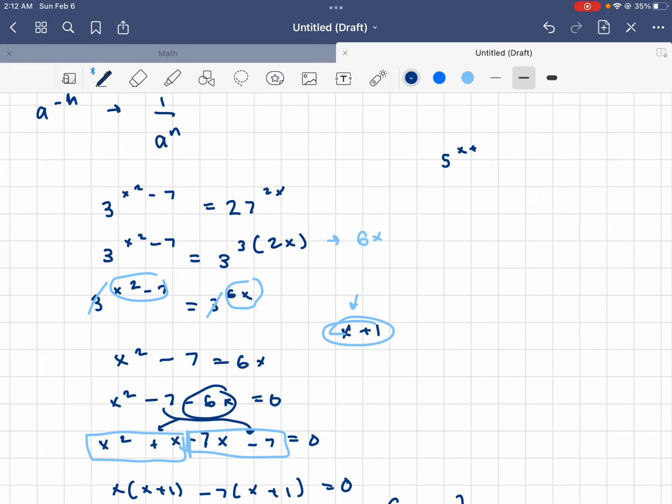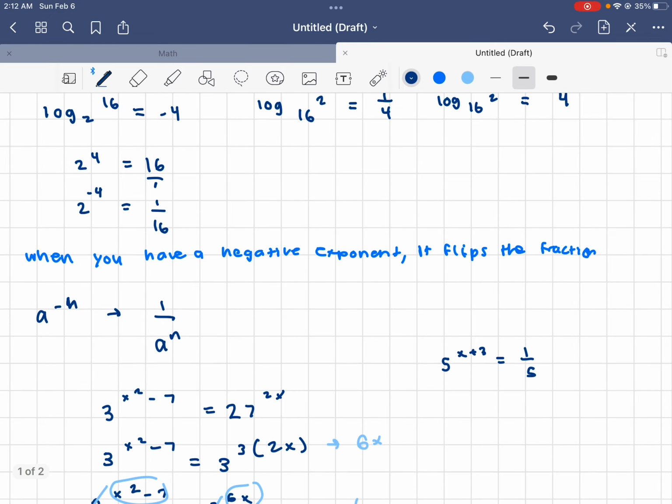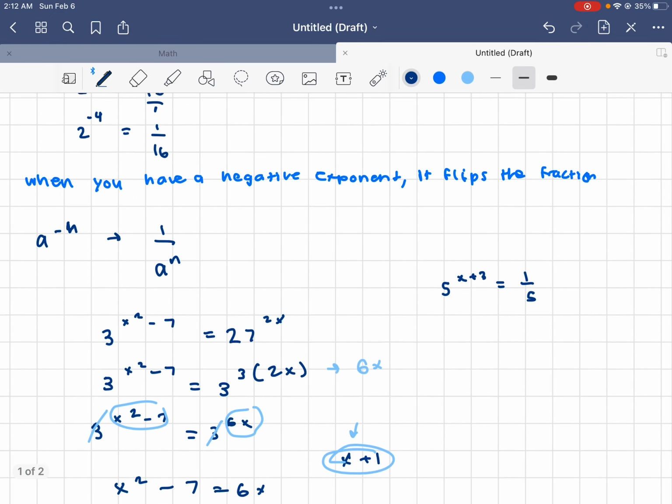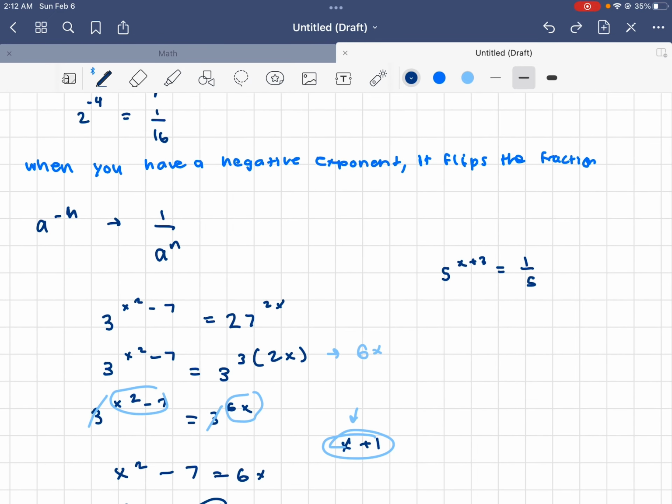5 to the power of x plus 3 equals 1 over 5. Once again, we need to solve for x, which is inconveniently an exponent. So we need to somehow change our base, which, like we saw from up here, you can go ahead and change so that 5 is our base and it's not a fraction.